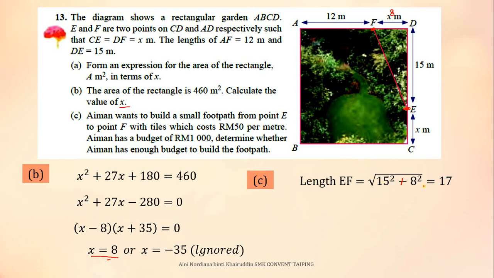So we will get the length of EF is 17, and then the cost of the tile is 17 times 50 ringgit. So it costs 850 ringgit. So Aiman has enough budget to build the footpath.